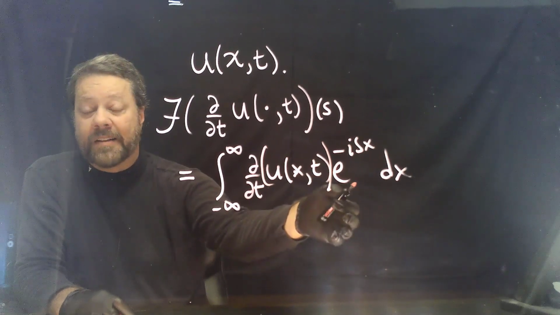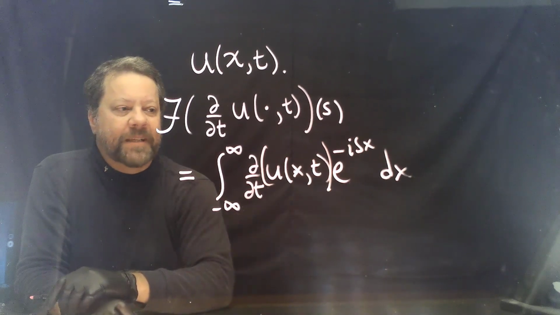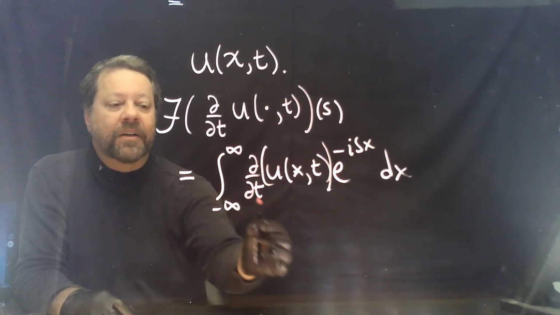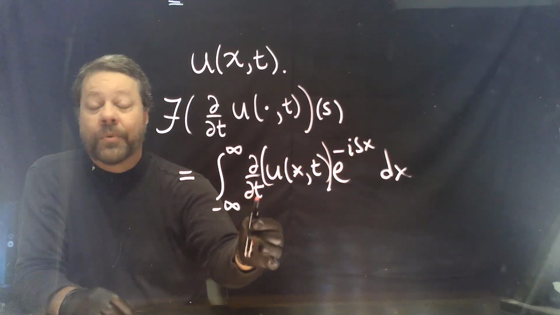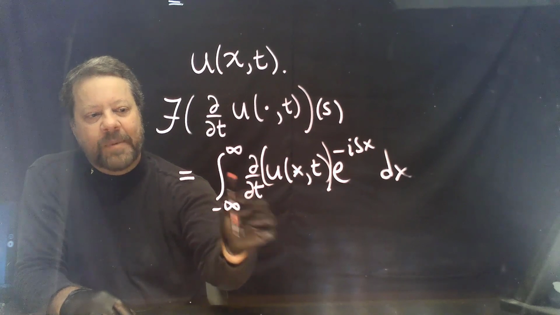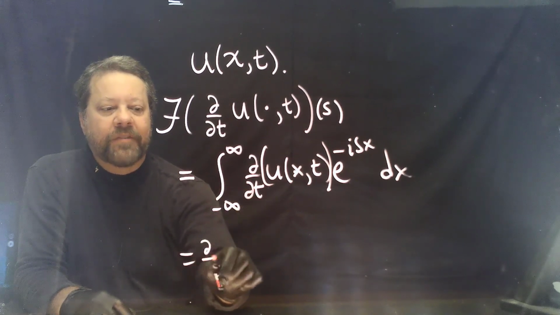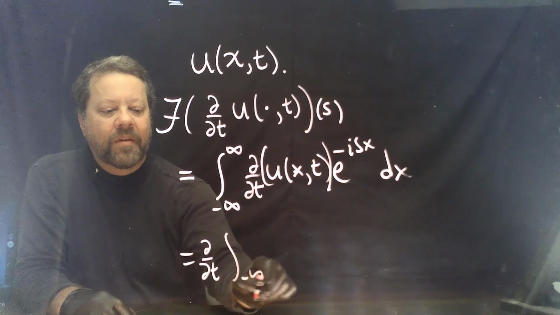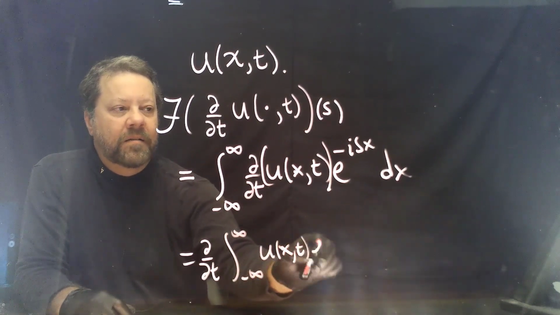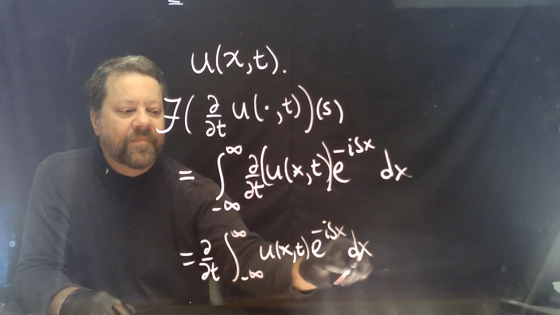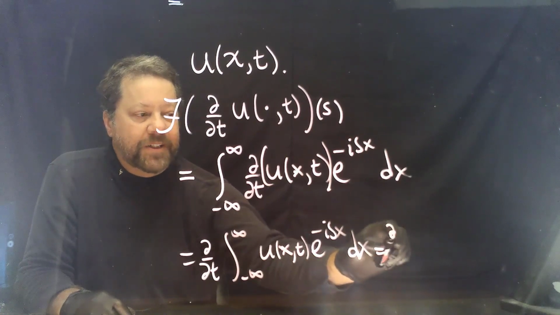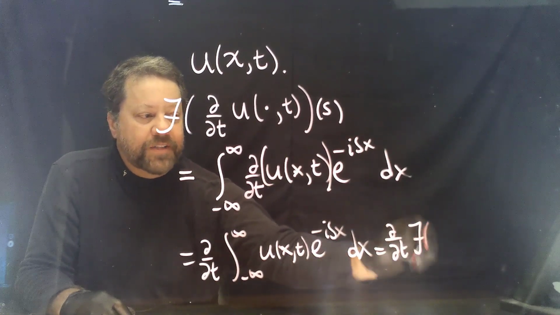It could apply to the other factor as well. It doesn't really matter because it's constant relative to t, not having any t's up here. So the derivative could be thought to apply to the entire integrand. And it would be nice if we could bring the partial derivative out, which then gives us the partial derivative with respect to t of the Fourier transform of u.